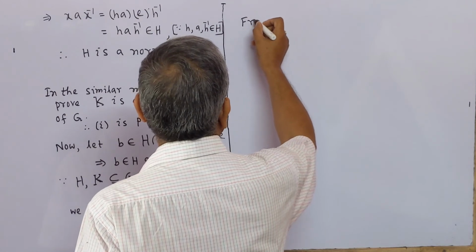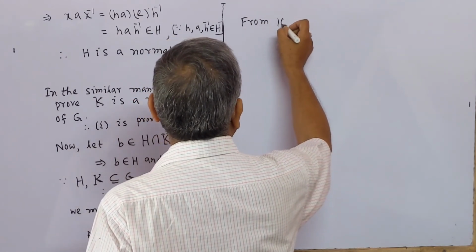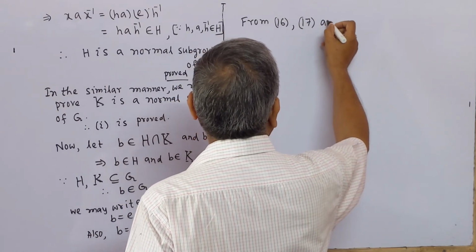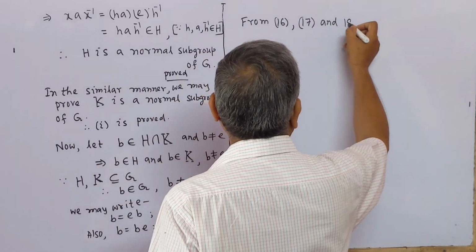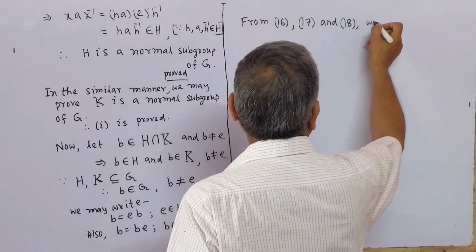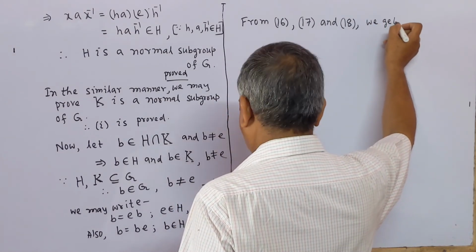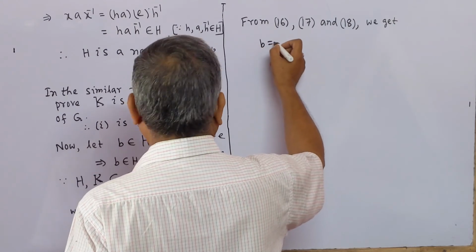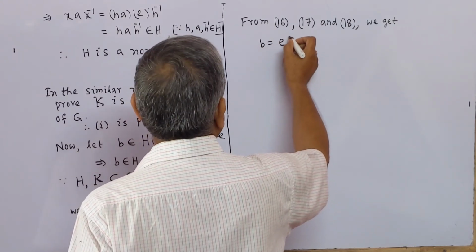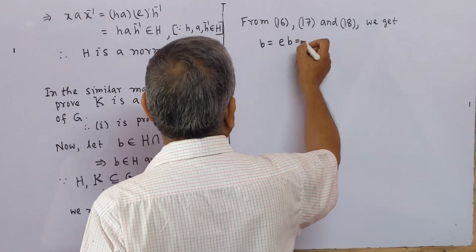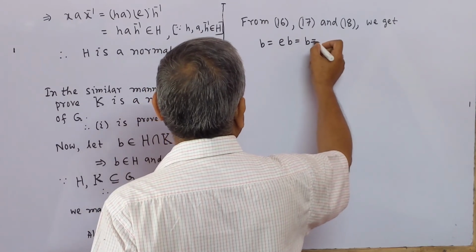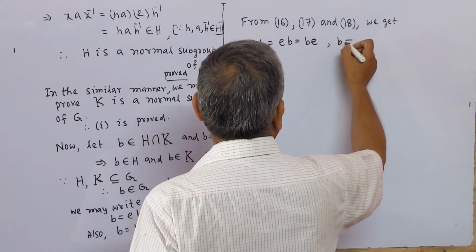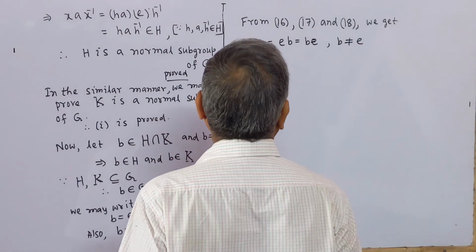From 16, 17 and 18 we get B equals E operation B equals B operation E. B is not the identity element.